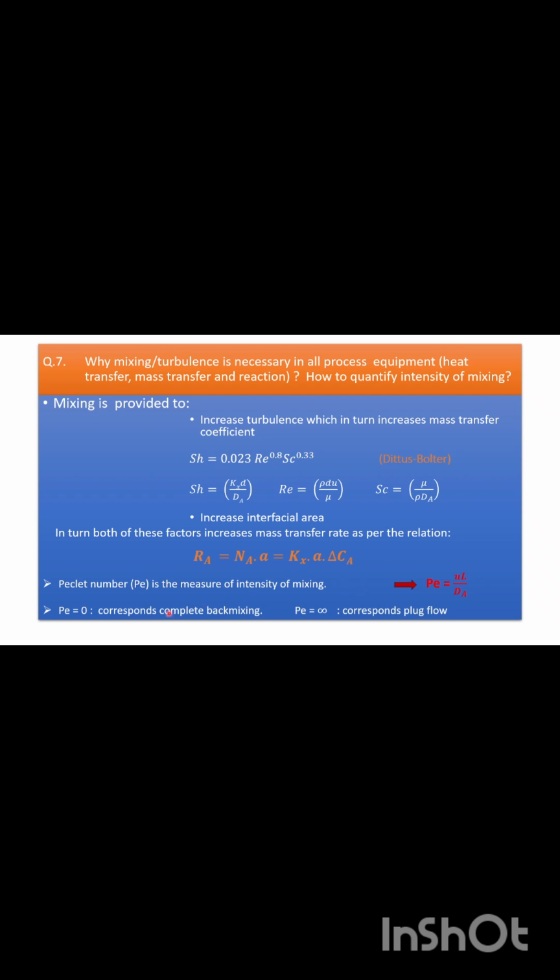When the Peclet number is 0, it corresponds to complete back mixing, and when the Peclet number is infinite, it corresponds to plug flow condition. So in actual cases, there is no ideal vessel or ideal behavior. In real cases, behavior is in between CSTR and plug flow condition.